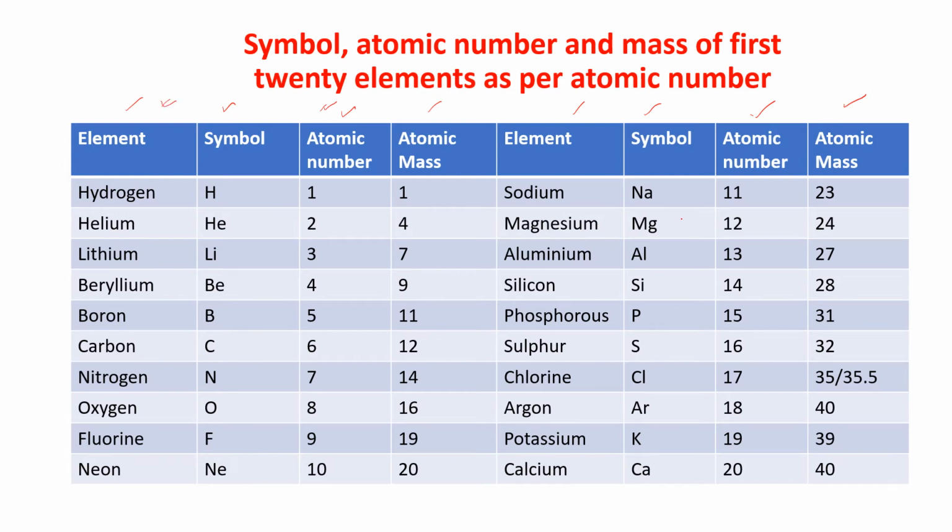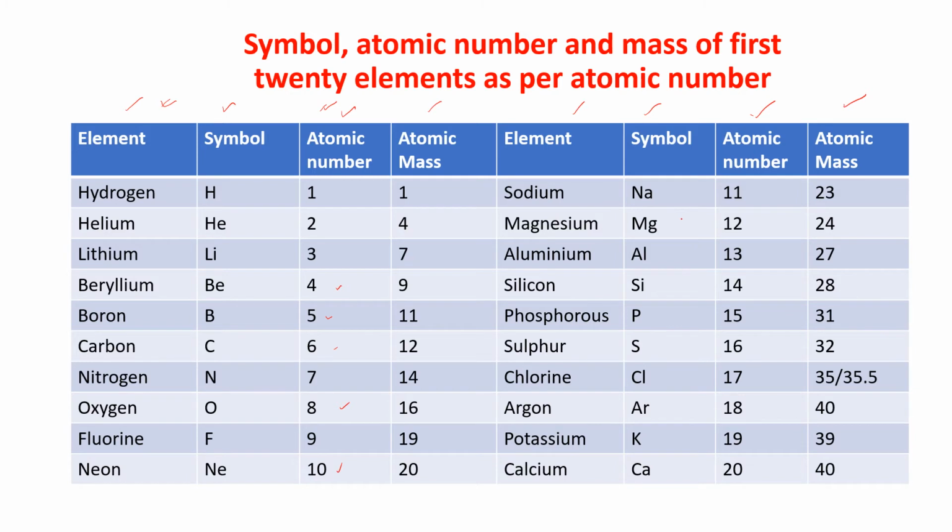Hydrogen with atomic number 1, helium 2, lithium 3, beryllium 4, boron 5, carbon 6, nitrogen 7, oxygen 8, fluorine 9 and neon 10.